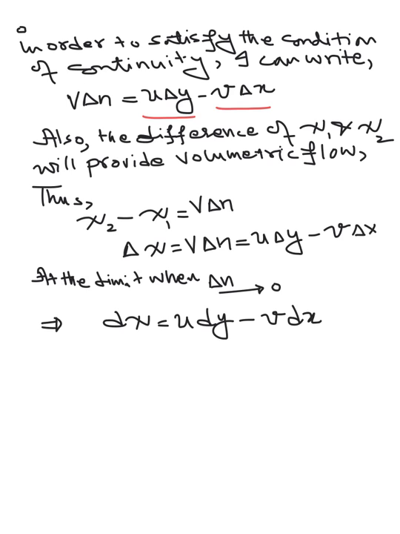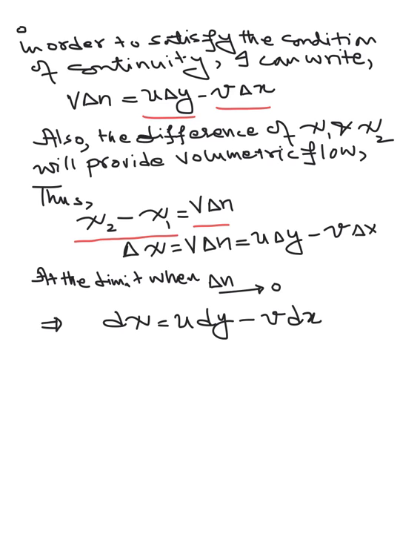Also, the difference of streamlines will provide the volumetric flow rate. This is the definition. So mathematically I can write psi 2 minus psi 1 equals v into the area into which fluid is entering, which is my volumetric flow rate.